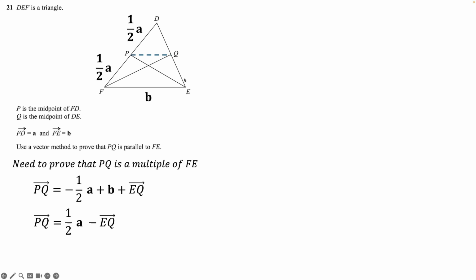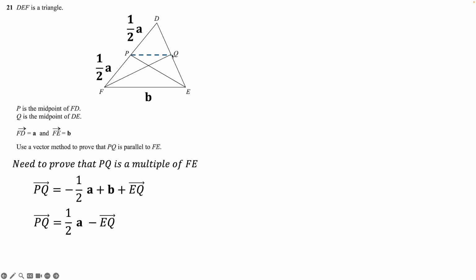So what I'm saying is that instead of saying I'm going from D to Q, I can just say I'm going from minus EQ because I'm just going down. So this thing is also just EQ because it's the midpoint. So to go from P to Q here, I just go a half a minus DQ.